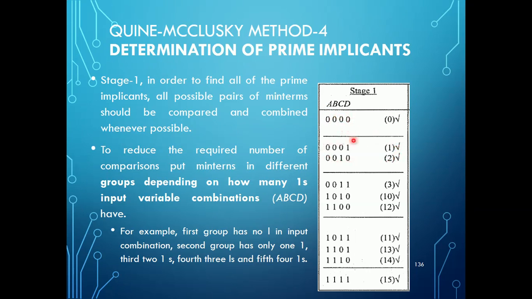The next group has min terms 1 and 2. Only min terms you have to consider here, the rest you leave. If you have solved this stage 1, you will get 3 marks out of 10.